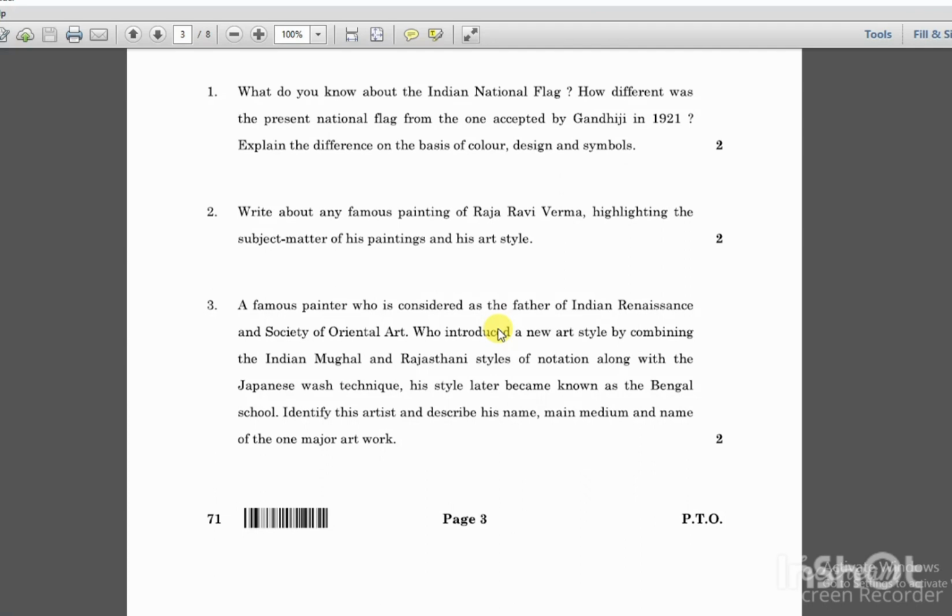So what is the subject matter? This painting is basically based on an episode of Valmiki's Ramayana, preparing forces for invading Lanka to recover Sita. So Sita ji was there in Lanka, and Ramji went to save her, and when he was crossing the ocean, the ocean was not allowing him to pass through.